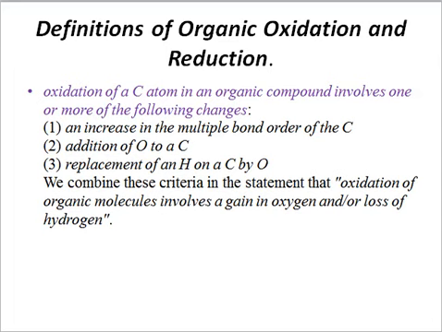Oxidation of a carbon atom in organic compounds may involve one or more of the following changes. Whenever there is an increase in the number of multiple bonds of the carbon, the organic compound has been oxidized. If an oxygen has been added to carbon, the organic compound has been oxidized.